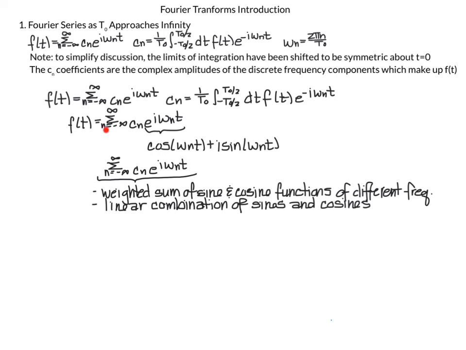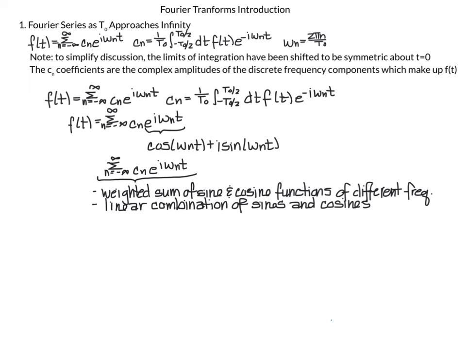The next thing to note about this formula is that it is the sum of n frequencies, this omega n. There are n from negative infinity to infinity, different terms of this frequency. So it's a sum of an infinite number of frequencies, and this Cn is like the weight. This coefficient gives us a weighted sum of these sine and cosine functions of different frequencies.